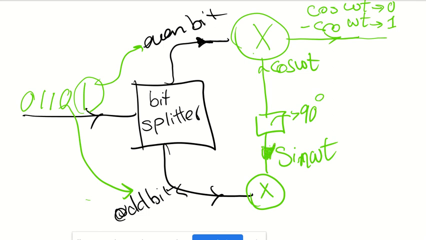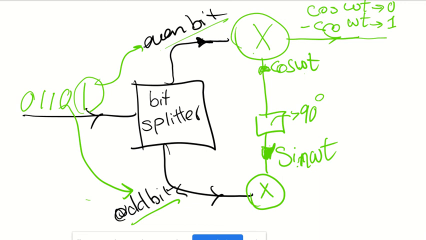Okay, so the carrier for this bit is different than this bit that's coming here. This is cosine, this is sine. Whatever carrier I have here has a 90-degree phase shift from this, because cosine of omega t plus 90 degrees is sine of omega t.